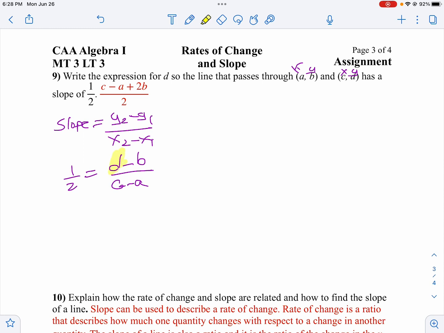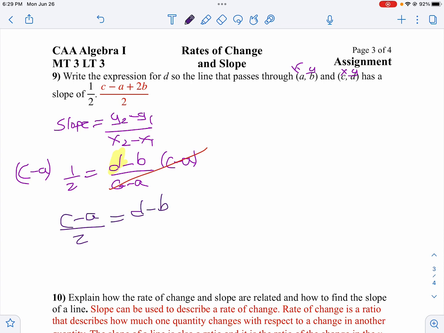Well, first thing I'm going to do, I'm going to multiply by my denominator. So I multiply both sides by c minus a. Notice on the right-hand side, the c minus a is reduced. On the left-hand side, I'm just going to put c minus a all over 2 equals d minus b.